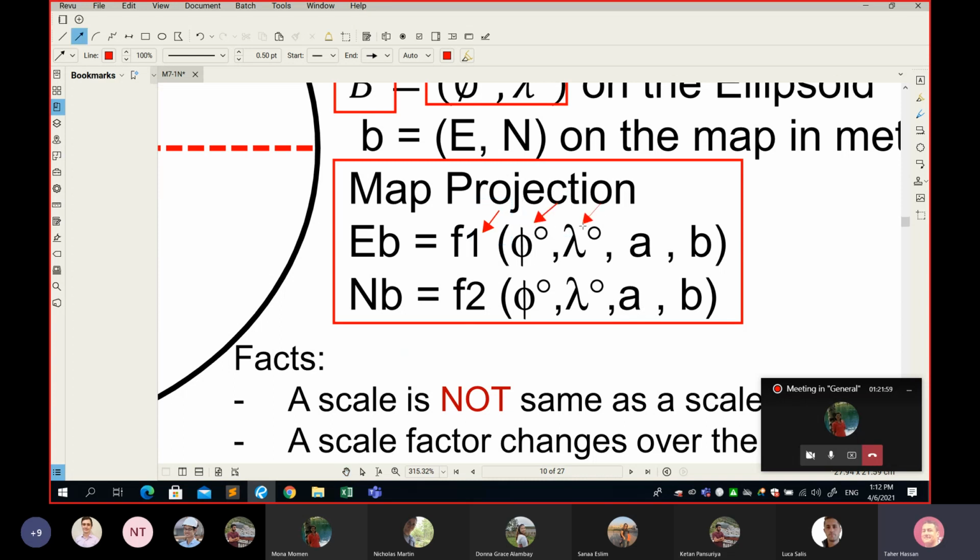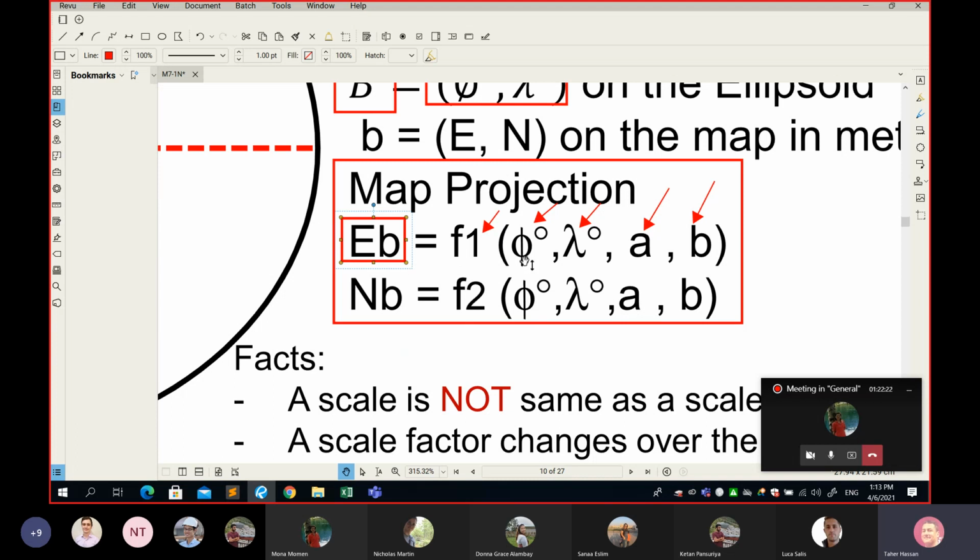You input the coordinates of the point on the ellipsoid, together with the size and shape of your ellipsoid represented by a and b, the semi-major and semi-minor axes. Then it gives you the planar coordinates in meters of the same point projected on the map.